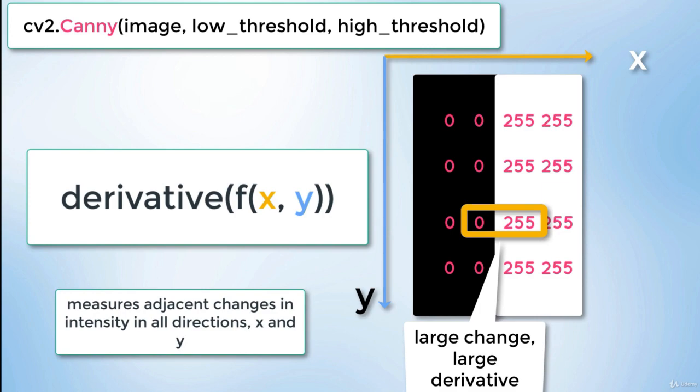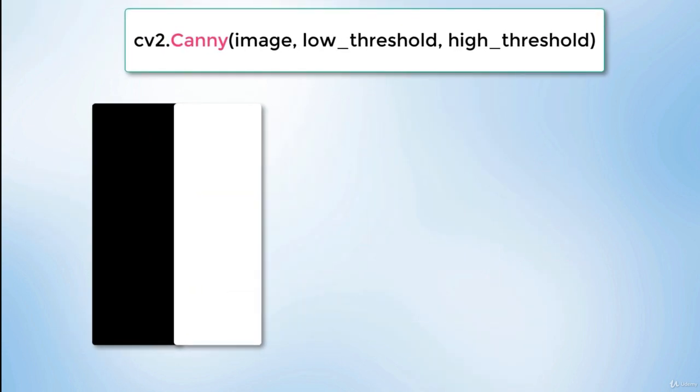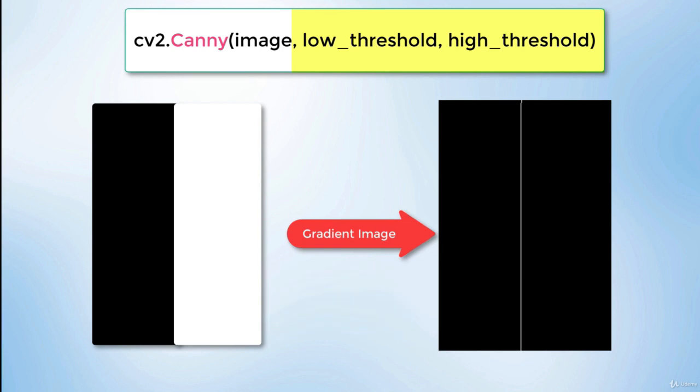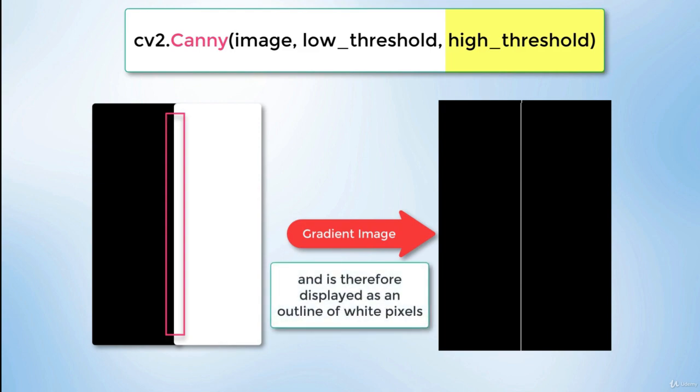It computes the gradient in all directions of our blurred image, and is then going to trace our strongest gradients as a series of white pixels. But notice these two arguments, low threshold and high threshold. Well, this actually allows us to isolate the adjacent pixels that follow the strongest gradients. If the gradient is larger than the upper threshold, then it is accepted as an edge pixel.